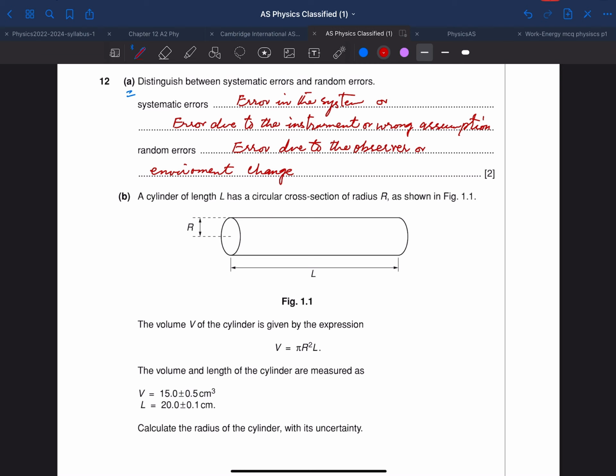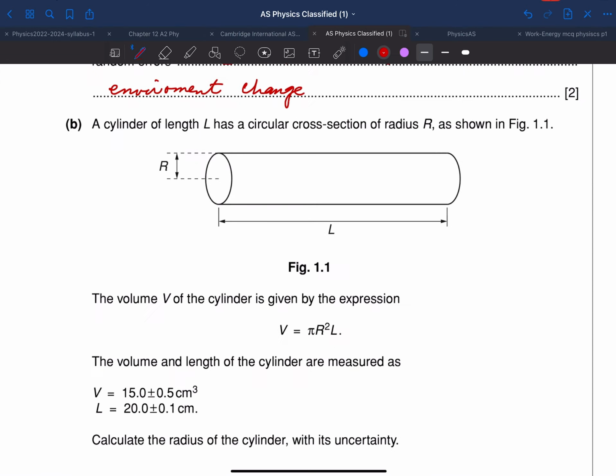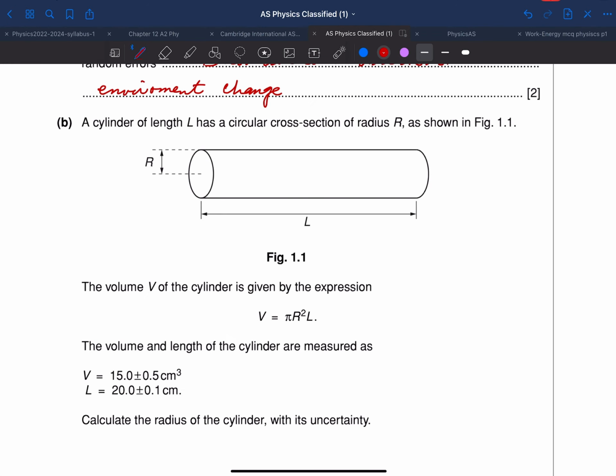If you want to get 1 mark, this will give you 1 mark. Then again, the main point is that we are discussing the uncertainty things.